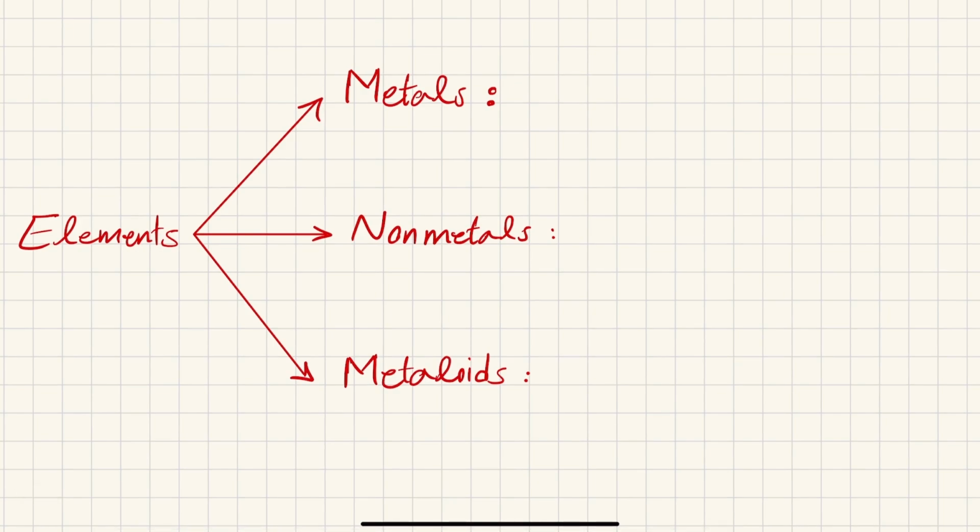So, before we go to their definition and behavior, I want you to think of some examples. About metals, what examples can you give me? So, let me help you. In metals, we can say potassium, lead, silver, iron, gold, and many other examples. Now, let's go to nonmetals. What examples can you give me in this area?